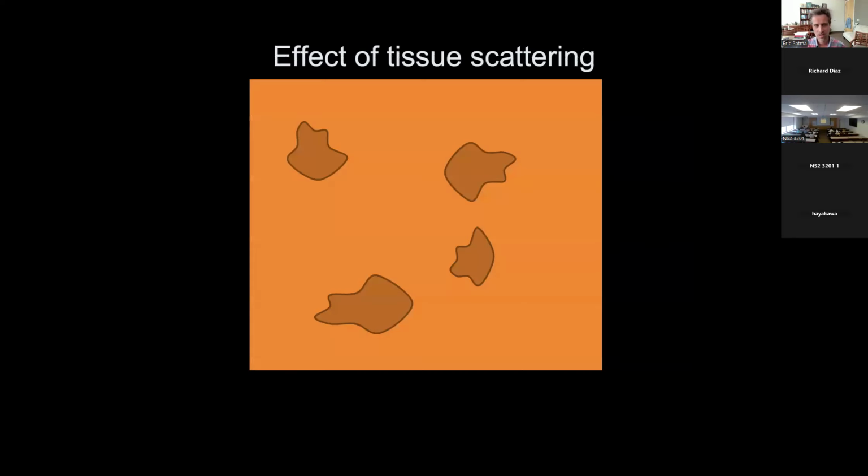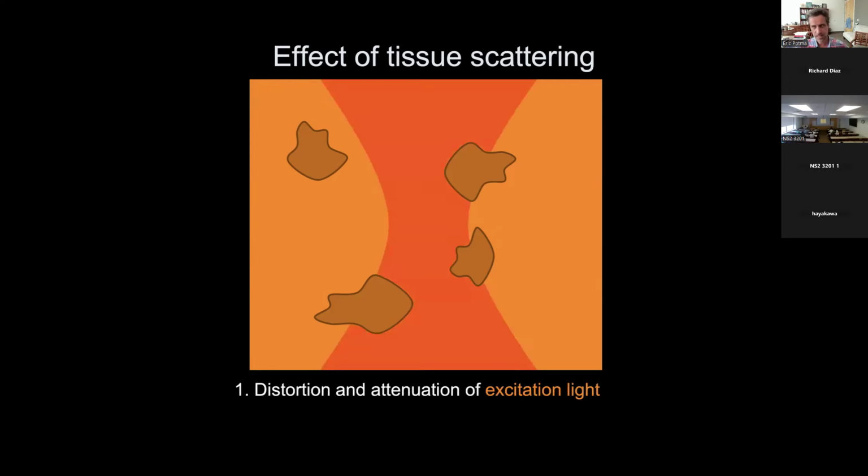Scattering is, of course, a very important effect, and it affects optical microscopy in numerous ways. So this is just a very pictorial illustration of some of the effects that are happening. If I'm trying to focus my light in the tissue, I try to create this perfect cone of light with this beautiful cigar that is maximally compressed in space.